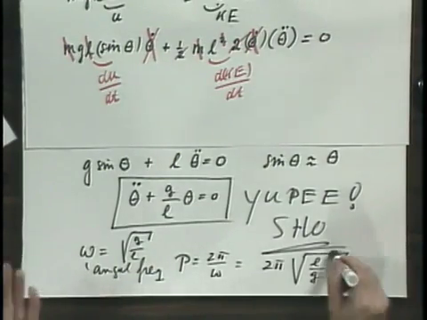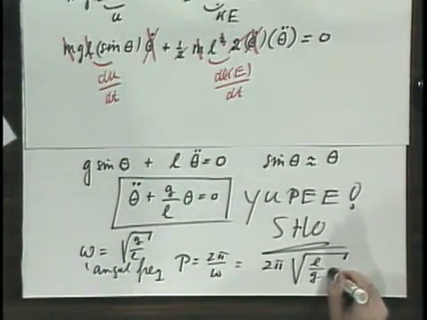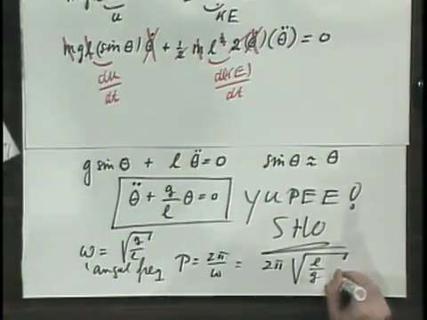And this is, of course, no surprise. This is a very familiar result. So you see that you can also derive the period of a simple harmonic oscillation in the case of the pendulum using the conservation of mechanical energy. Whichever method you prefer, it's up to you.